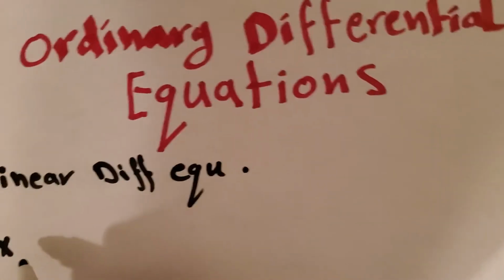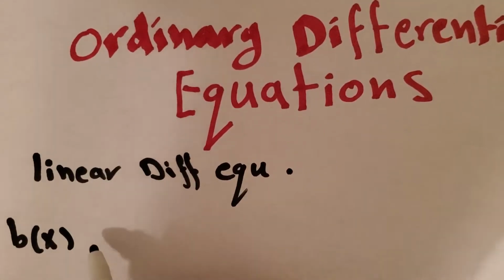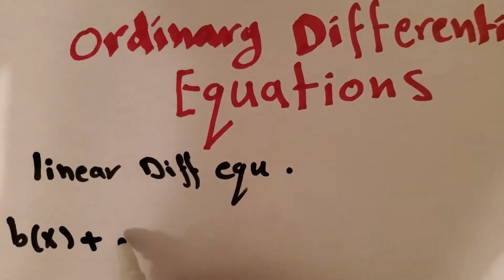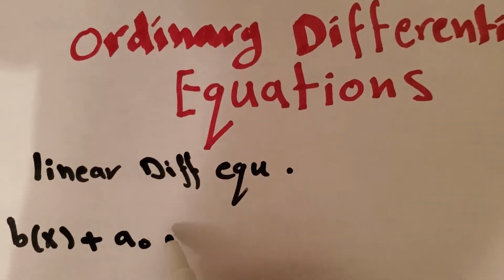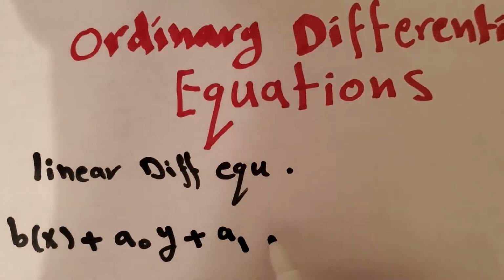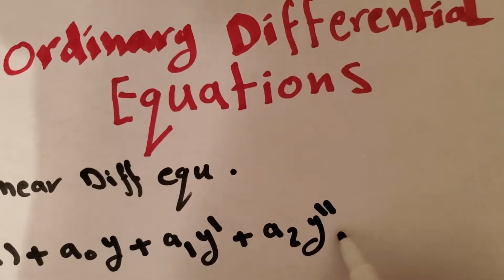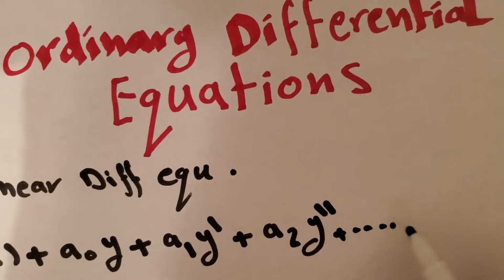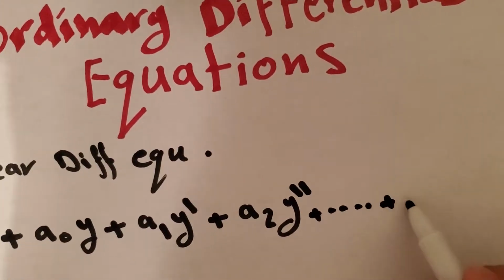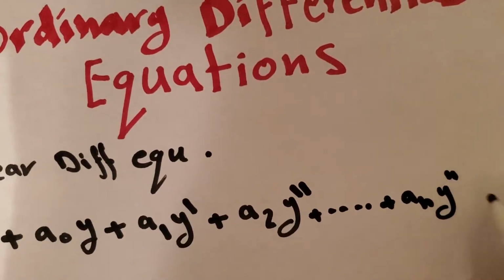b(x) plus a0 y plus a1 y prime plus a2 y second derivative of y, and so on until we reach an for the nth derivative of y equal 0.